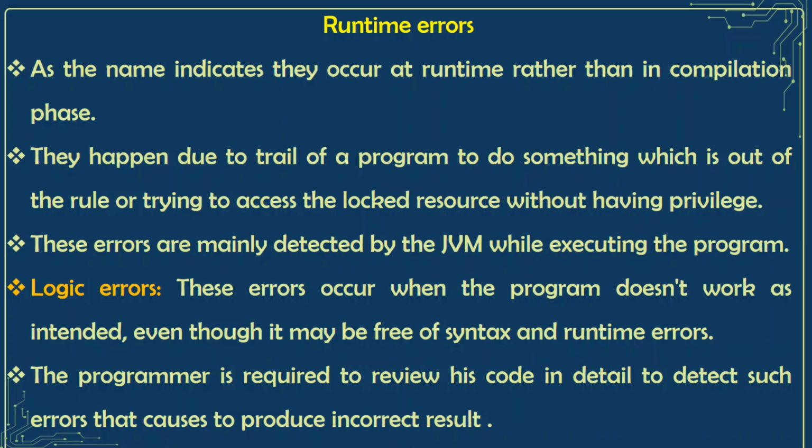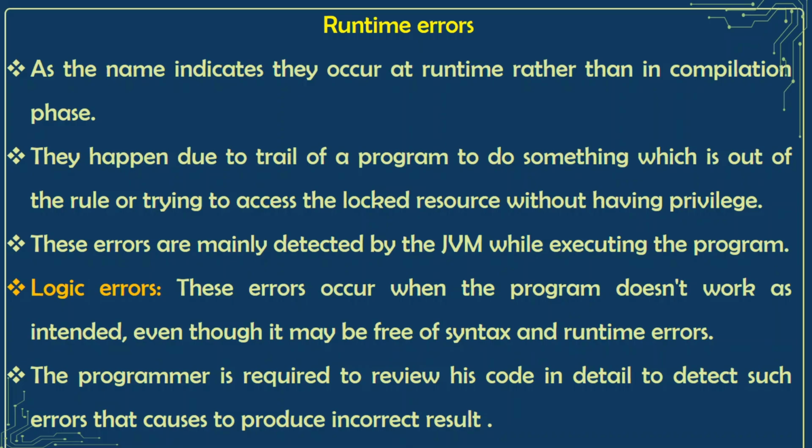Such errors happen when a program tries to do something which is out of the rules, like division by zero, or trying to access a local resource without having privilege. Those errors are mainly detected by the Java Virtual Machine while executing the program, while it is executing the actual task. The other is logic errors.